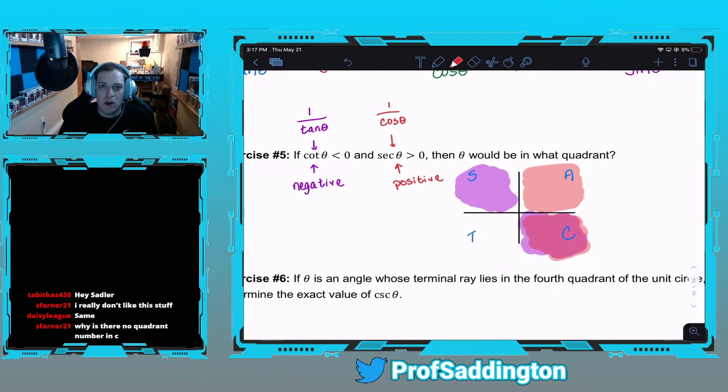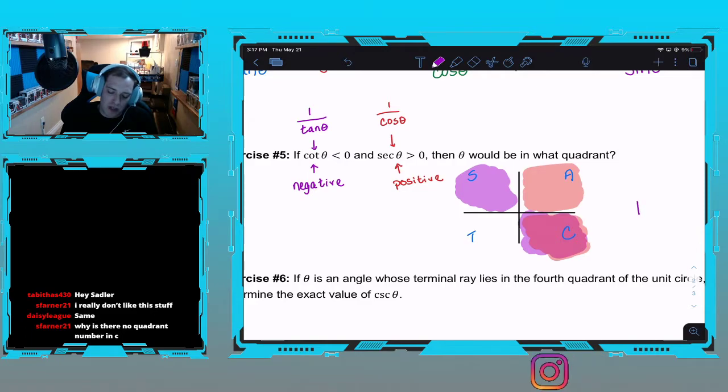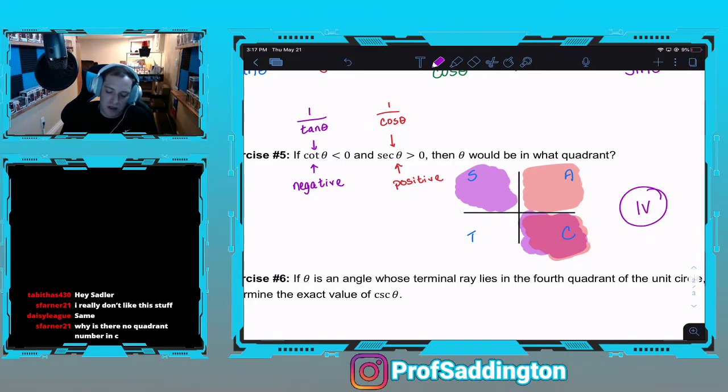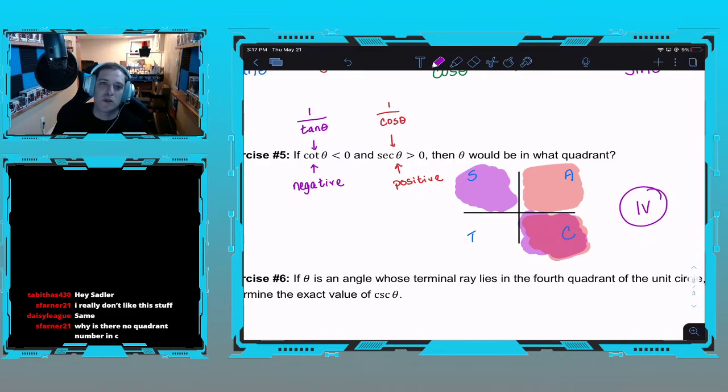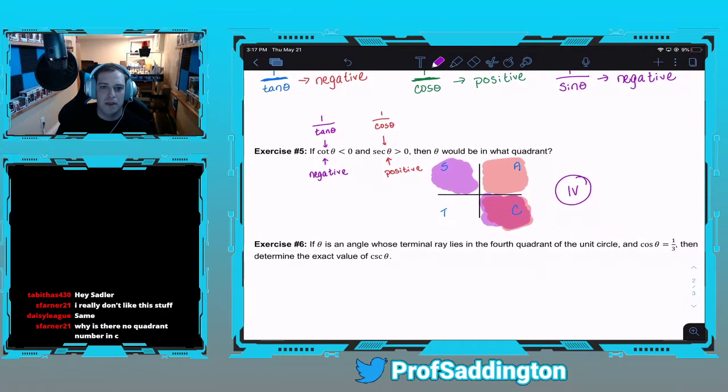Well, we want to know in which quadrant both of them are true. Well, the only one that they overlap in is the 4th quadrant. So quadrant 4 is when they both would be the same. Okay.